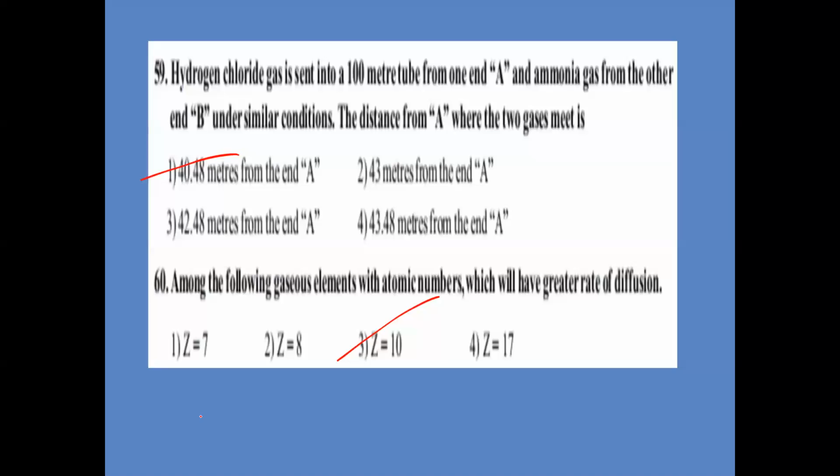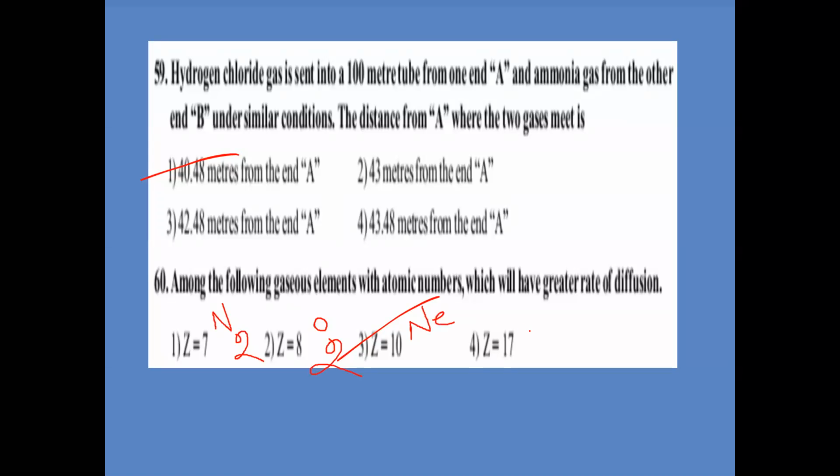Okay, next, the last one. Among the following gaseous elements with the atomic numbers given, which will have the higher rate of diffusion? So what are the gases given? Nitrogen, atomic number 7, means N2. We have to take the gas as a molecule, remember. Then O2. Now Z 10, neon, means Ne; Ne2 we don't write, only Ne.